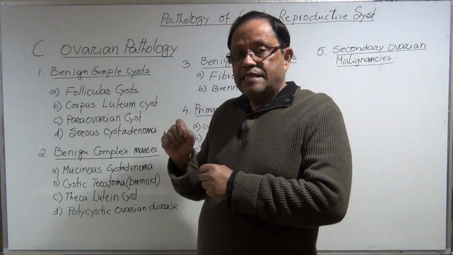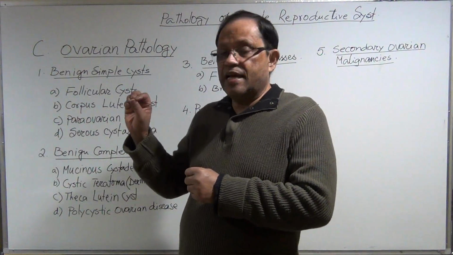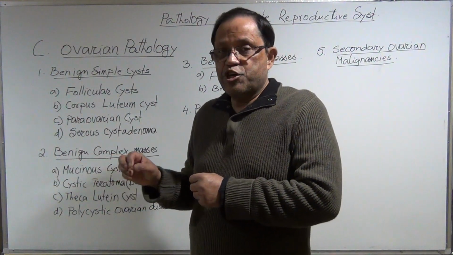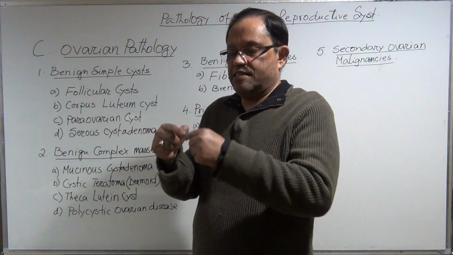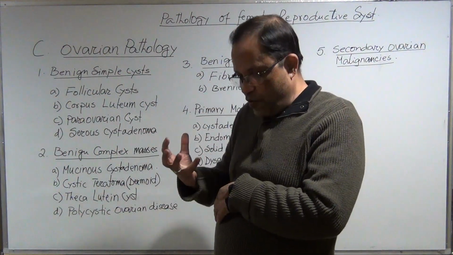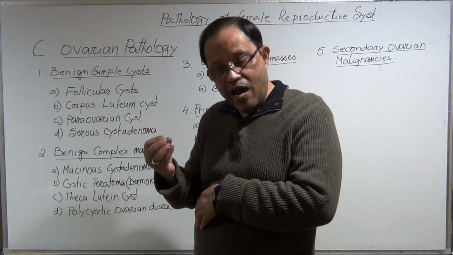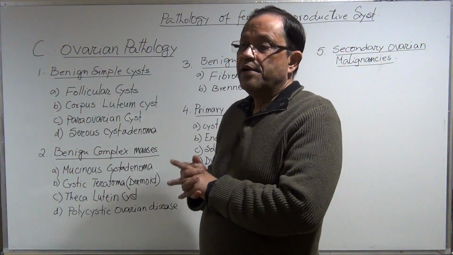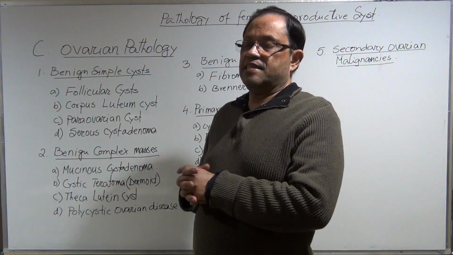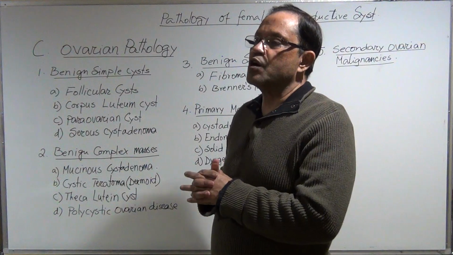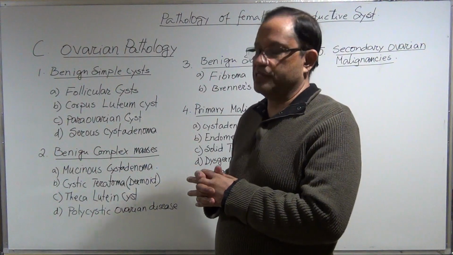And as soon as it leaks out and the egg is out, the shell gets cracked and it heals quickly. And now there will be fluid and blood inside the follicle, and it looks like another cyst that is known as corpus luteum cyst.